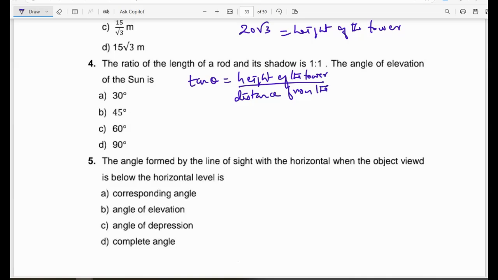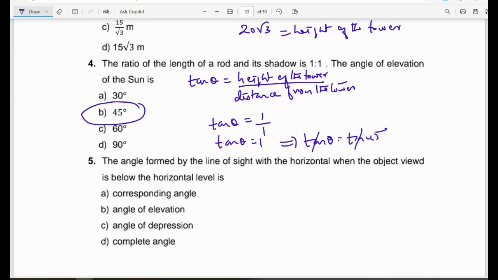What have they given? It is 1 is to 1. So tan theta equals 1. That means tan theta equals tan 45 degrees. So here we can take theta equals 45 degrees.